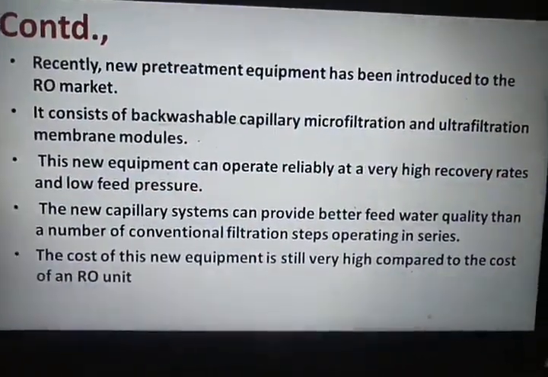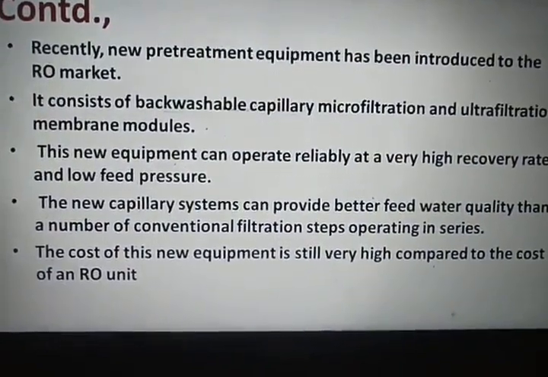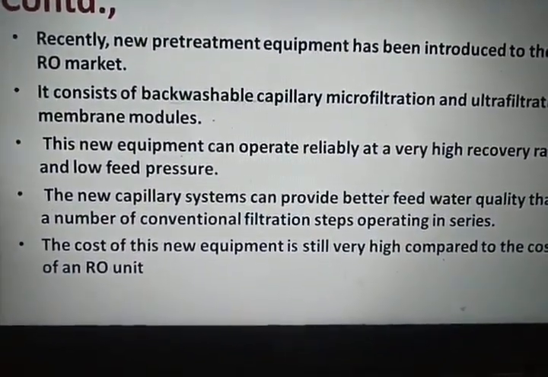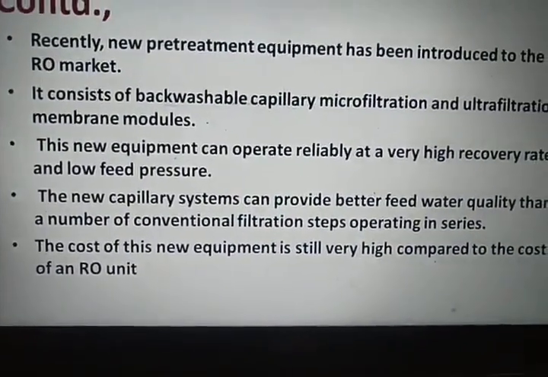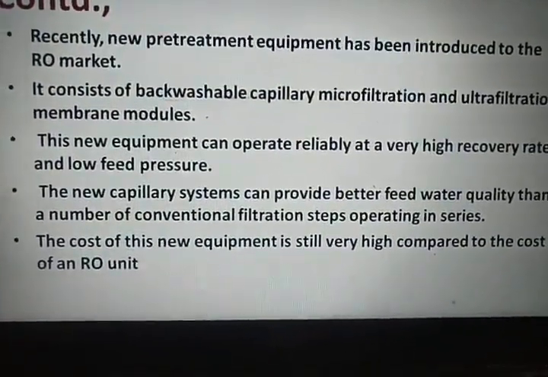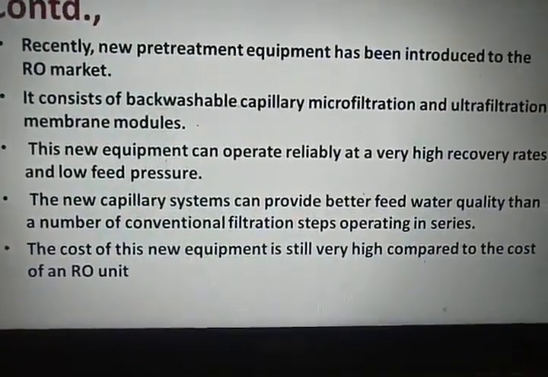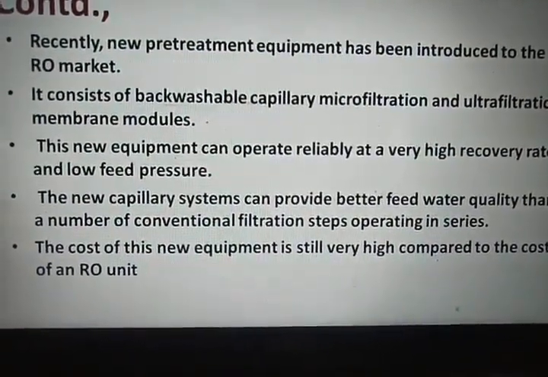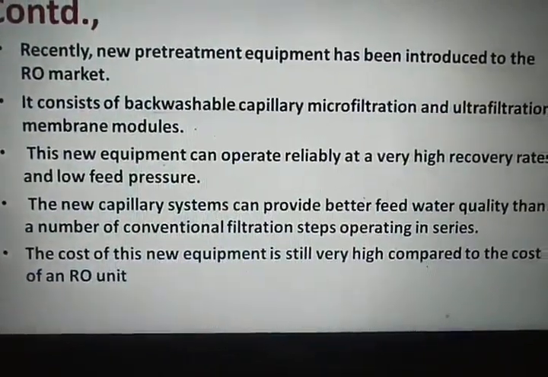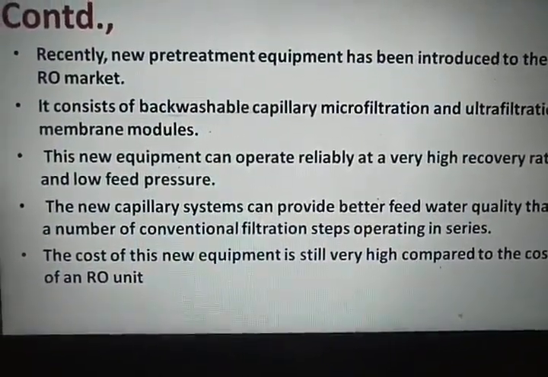Recently, new pre-treatment equipment has been introduced into the RO market. It consists of backwashable capillary microfiltration and ultrafiltration modules. These can operate reliably at very high recovery rates and low feed pressure, and can provide better feed quality than a number of conventional filtration steps operating in series.